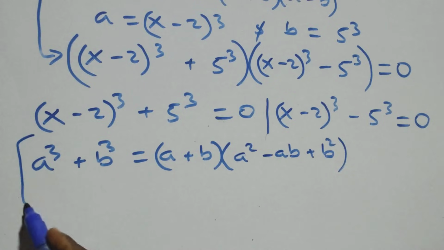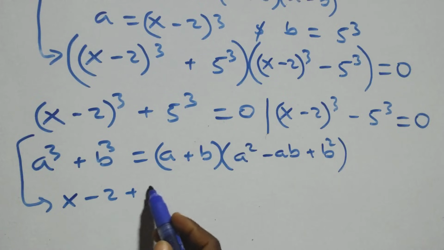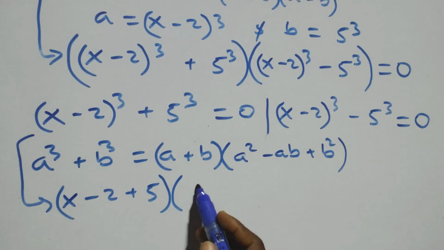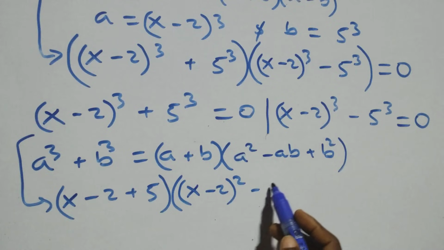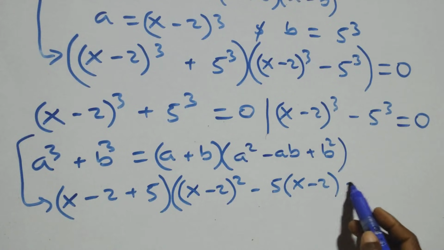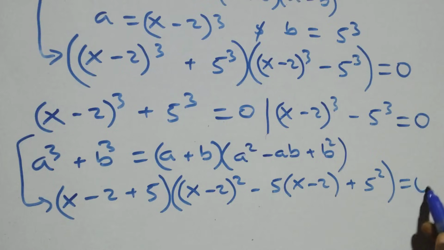Here we have (x minus 2 plus 5) times ((x minus 2) all square minus 5 times (x minus 2) plus 5 square) equals 0.